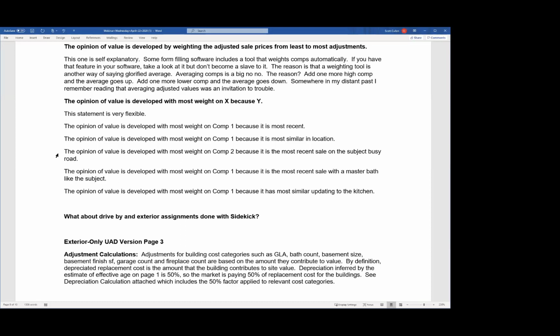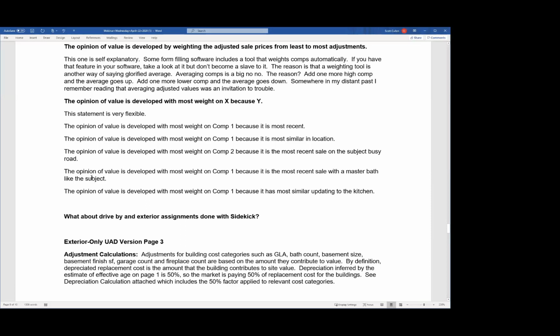Again, location. And we've got survey results that show that a busy road is worth, I think, like 5.7%. Or the opinion of value is developed with most weight on comp 1 because it is the most recent sale with a master bath, like the subject.